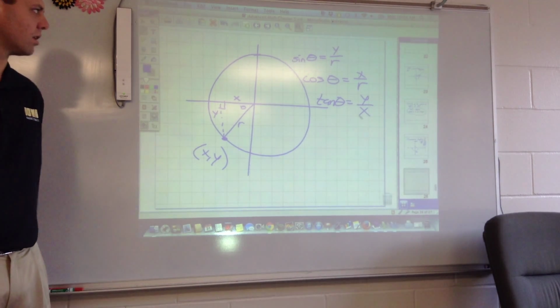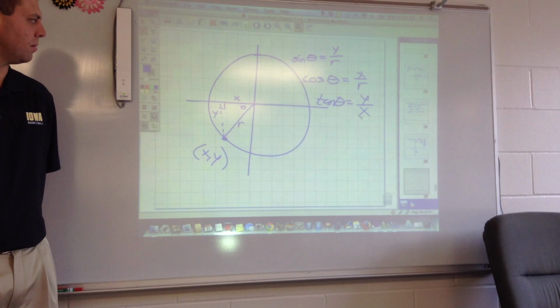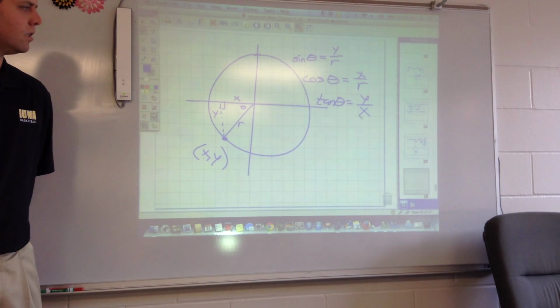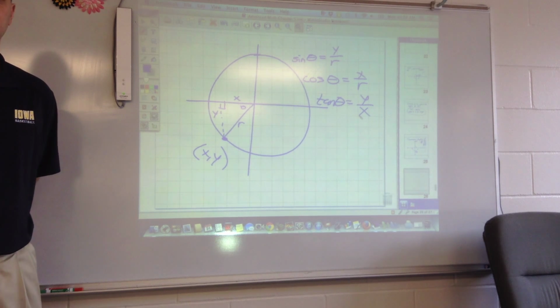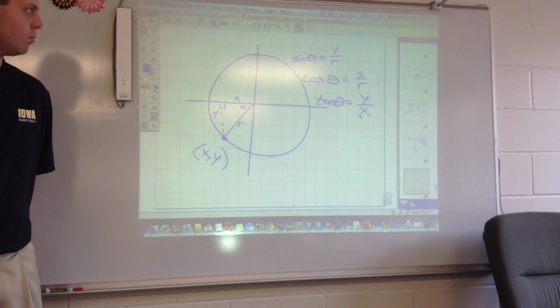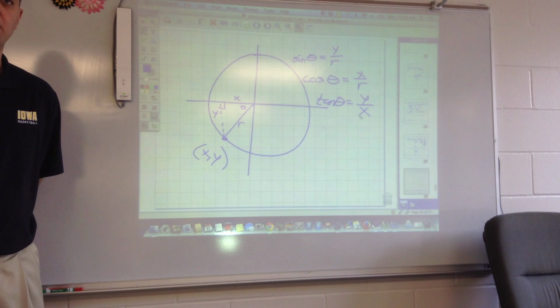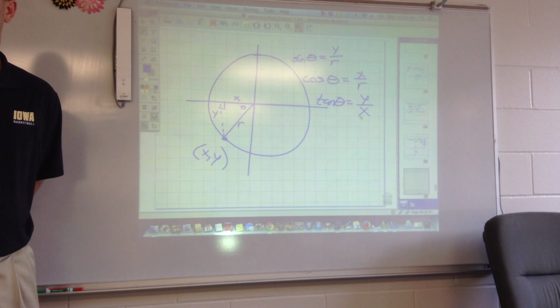Now in this particular case, what values would end up being negative? Sine, cosine, tangent. Which of those would be negative? Cosine would be a negative value for sure. Sine would be a negative value. No, tangent would be positive. Why would tangent be positive? Because both y and x are negative, and a negative divided by a negative would give you a positive.